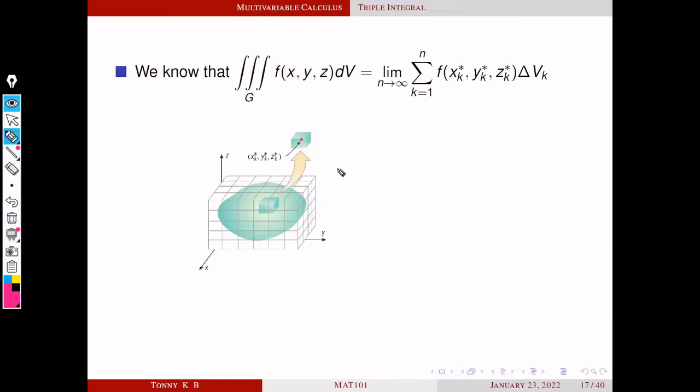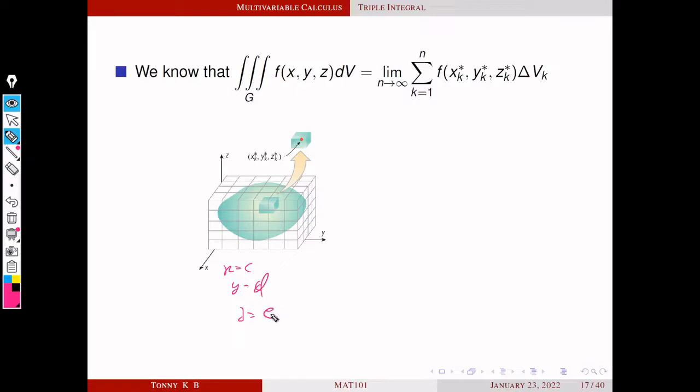In the introductory session of triple integral, we have seen the definition of triple integration over a solid. The actual definition is the limit as n tends to infinity of the sum from k equal to 1 to n of f times delta vk. And what is delta vk? First of all, we subdivide our solid G using planes parallel to the coordinate planes. That means we use x equal to constants, y equal to constants, and similarly z equal to some other constants.